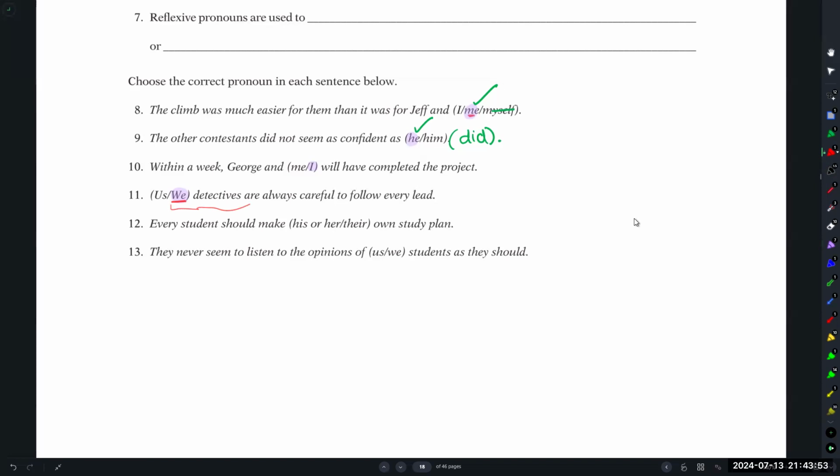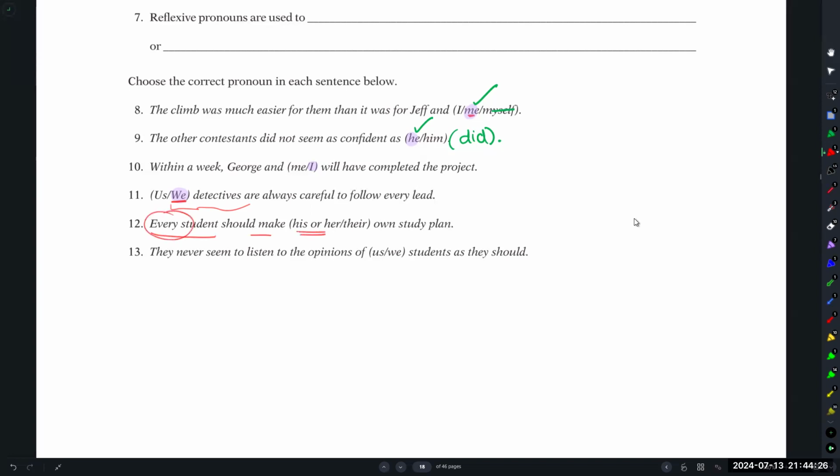Every student should make... Fatma, Sherbano, Anur, you tell me. Murtaza, Anur. Sir, "his" or "her", what seems right? Everyone got it wrong. Every student should make his or her own study plan.